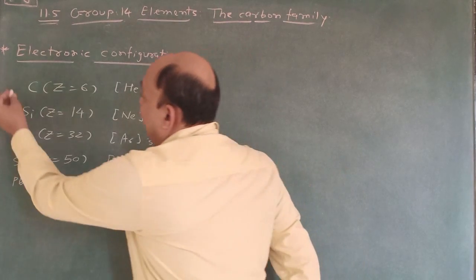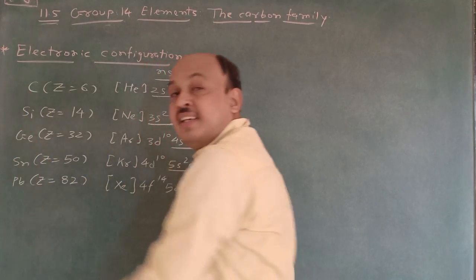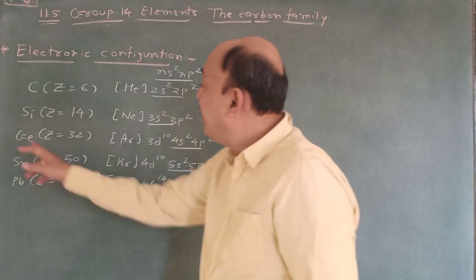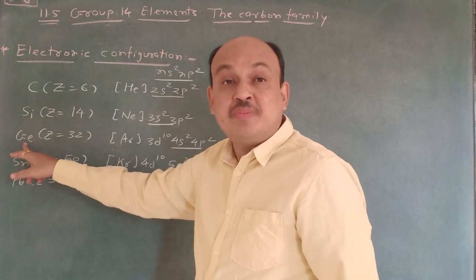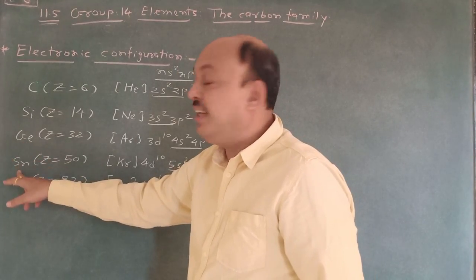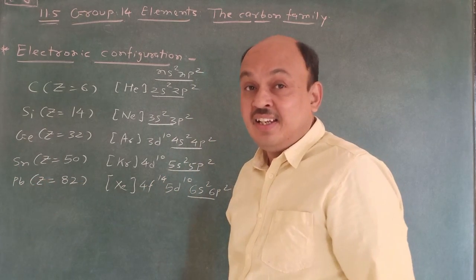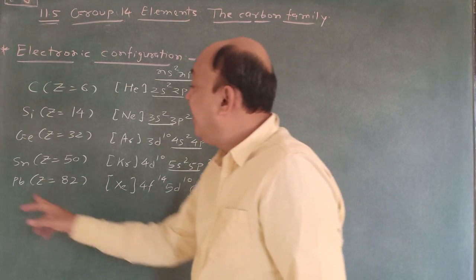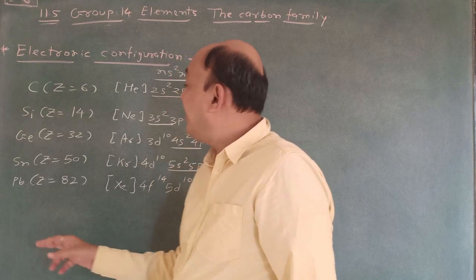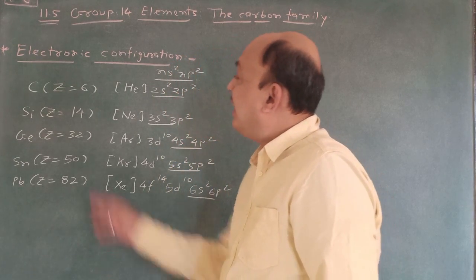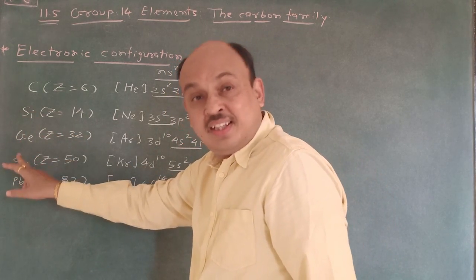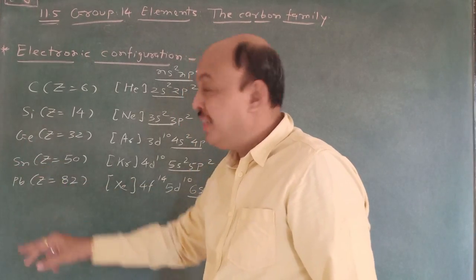Once again, Ca, C, J, T, lead. Ca means carbon, C means silicon, J means germanium, T means tin, whose symbol is Sn, and then lead. Remember Ca-C-J-T, tin, lead.